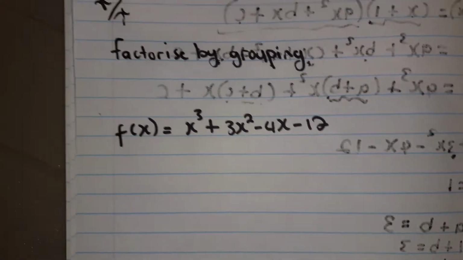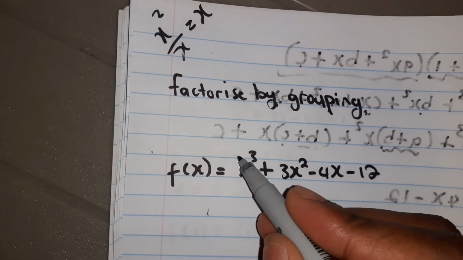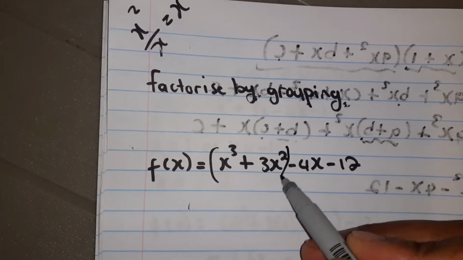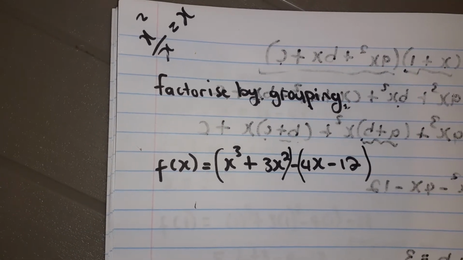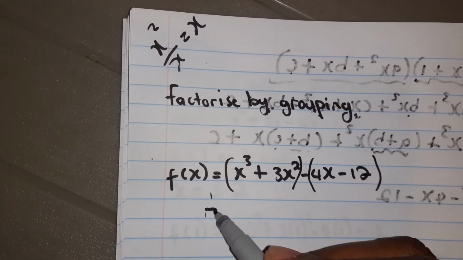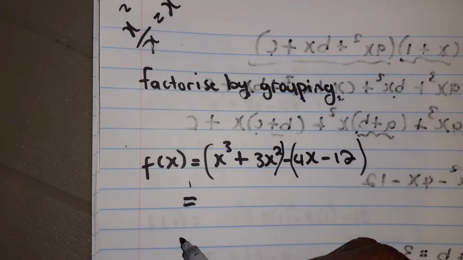So first step, group terms in two pairs. We group this term and that term, and then this term and that term. Then we take out the common factor from each pair.